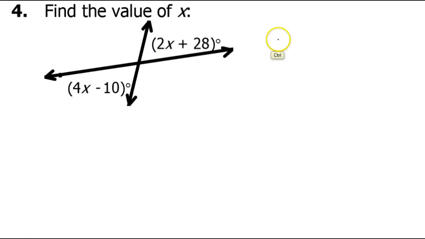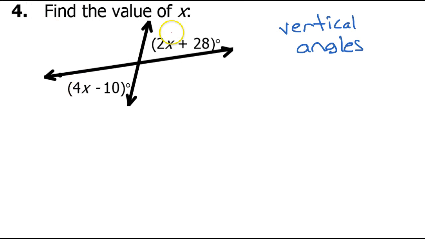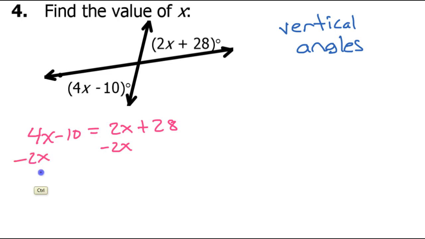Now, angles like these are called vertical angles. And we know that vertical angles are always equal. They are congruent. So for that reason, 4x minus 10 should equal 2x plus 28. So we would subtract 2x from both sides.